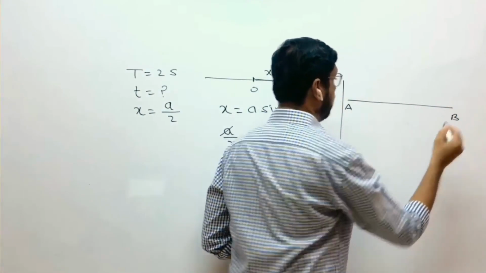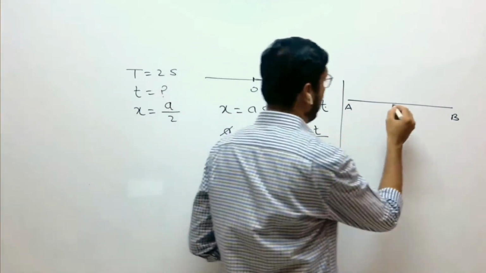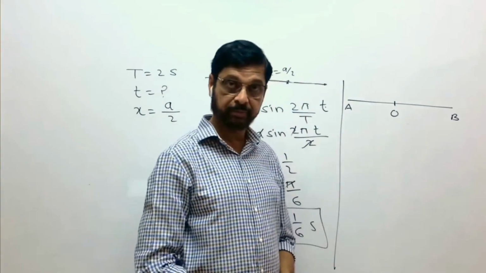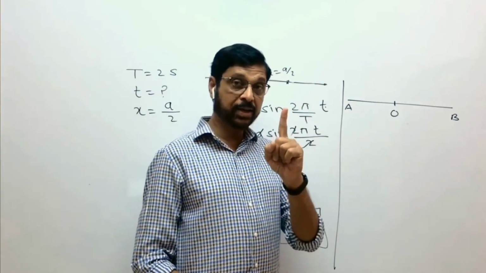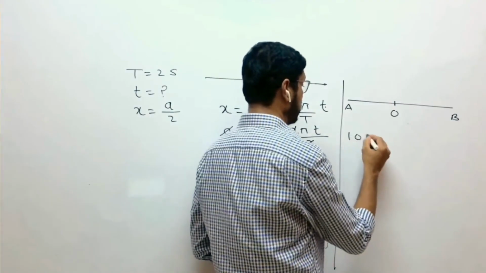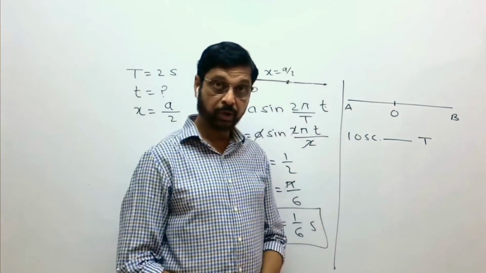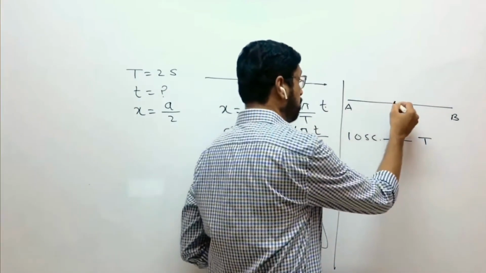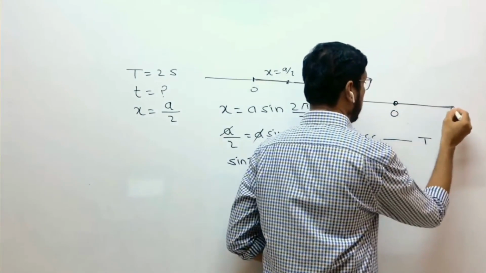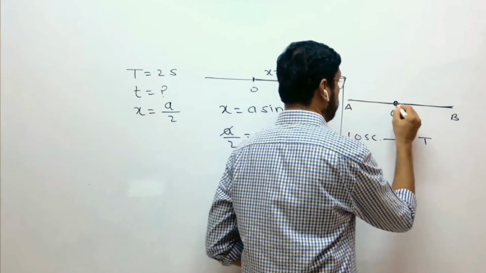Suppose A and B are extreme positions and O is the mean position. When particle completes one oscillation, the time taken is capital T. So suppose particle starts from mean position, then mean to extreme, extreme to mean, mean to other extreme, and back to mean.